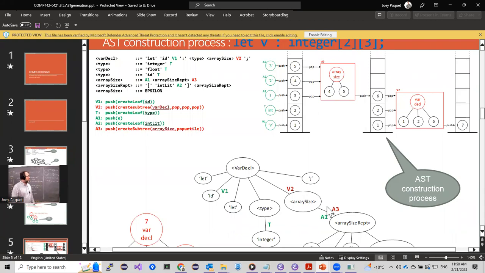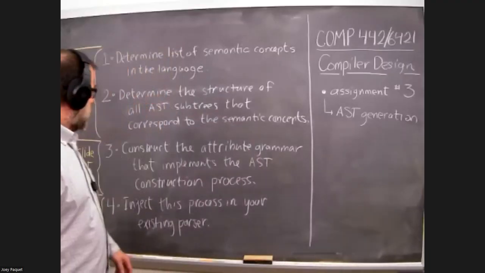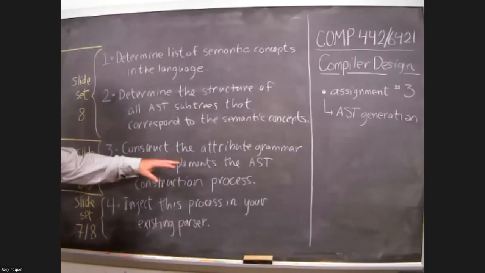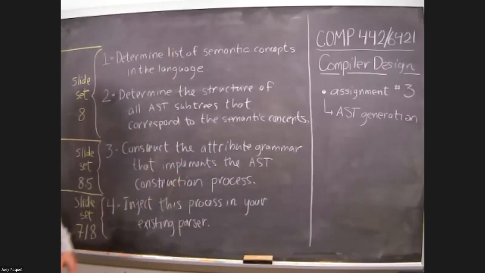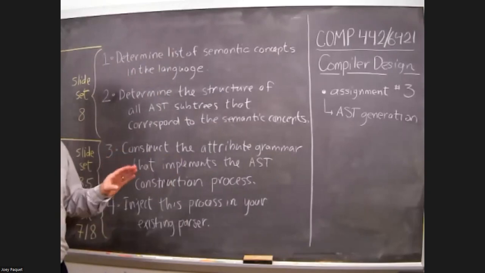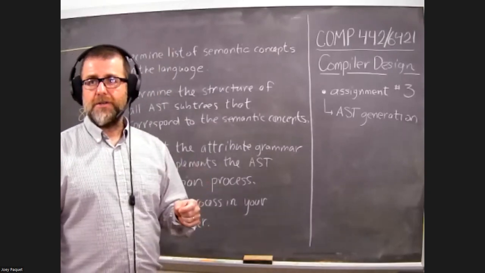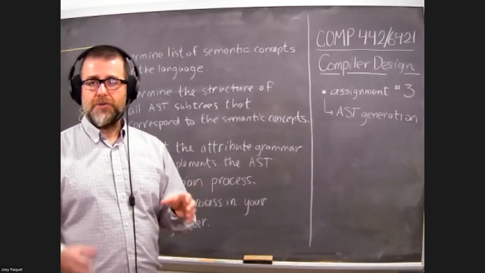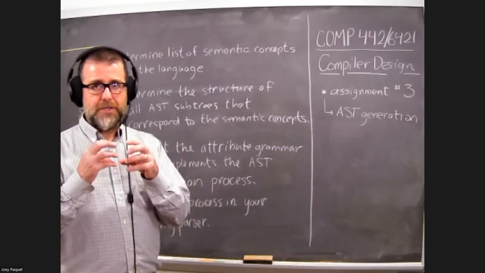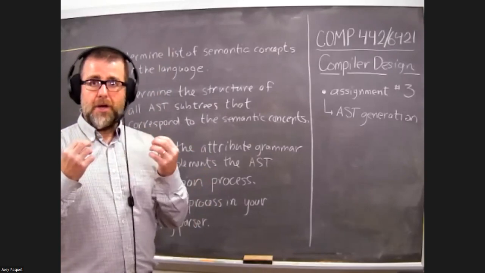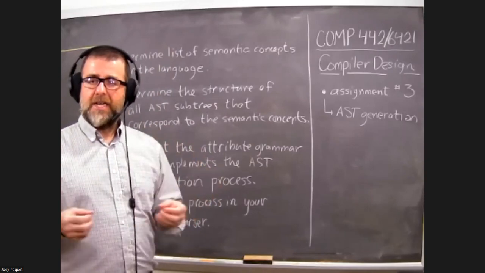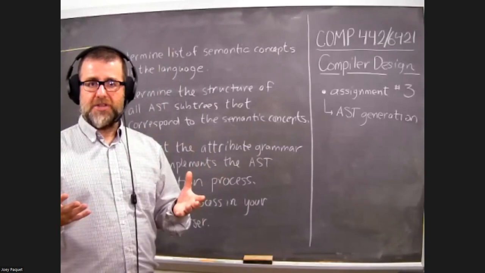So that's basically the process of creating the AST. My step number 3 was to construct an attribute grammar that implements the AST construction process. I've shown you how to do this for a variable declaration. That's what I suggest that you do: start with something simple that you have a better understanding of how it should be done, and make it work for this simple thing.